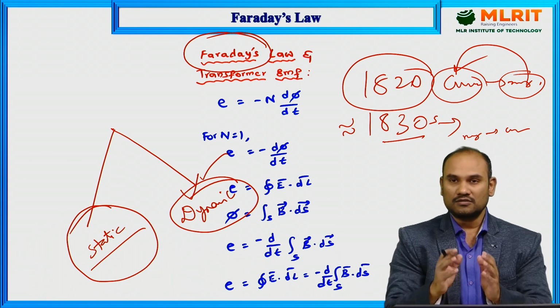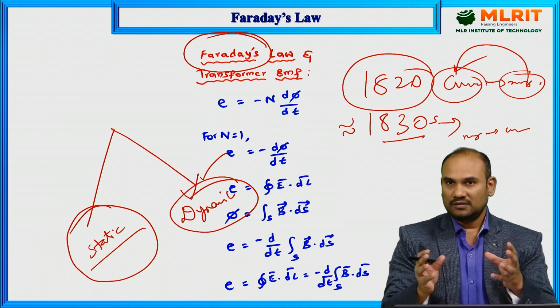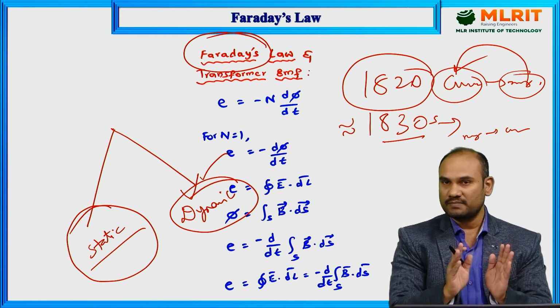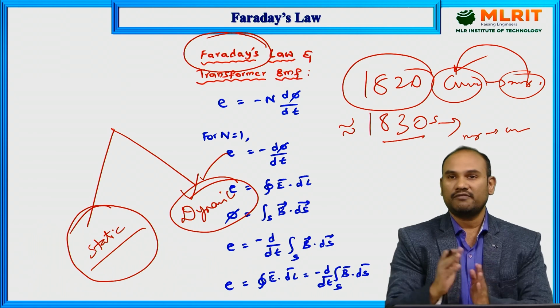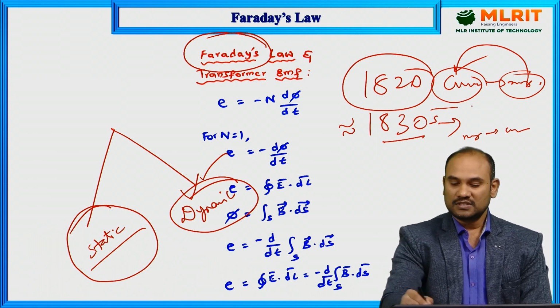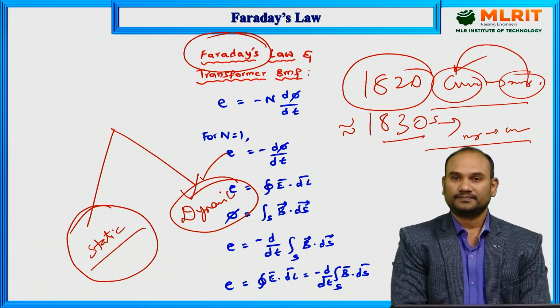Of course, it's not so simple and straightforward as we say. The magnetic field in which the conductor is placed has to be a time varying magnetic field. It's not just a magnetic field, it is a time varying magnetic field that will produce the current. Of course, there are some deeper insights in that. We are just discussing on the surface.